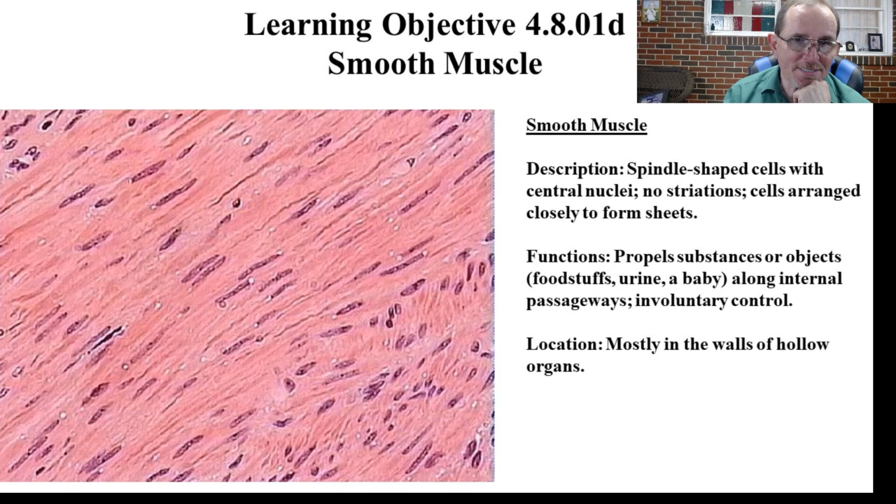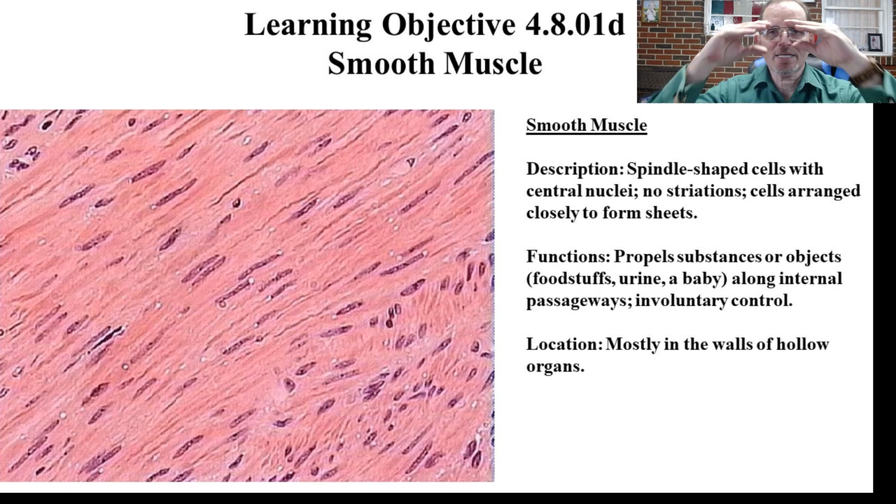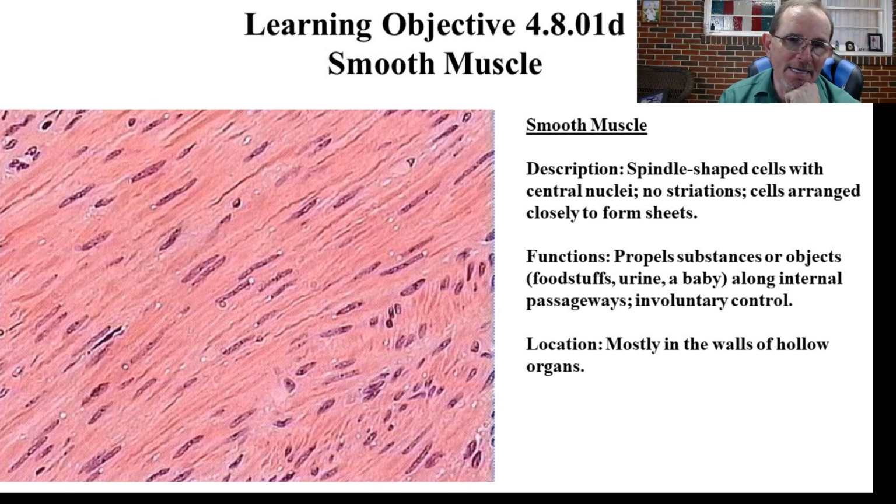And then the last type is this. Oh man, that looks like dense regular. Well, these nuclei are not as thin or as cigar shaped. They're more like an elongated football.